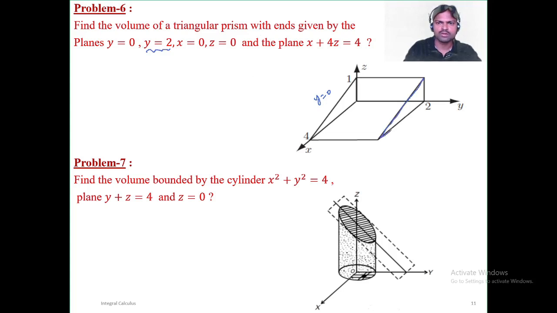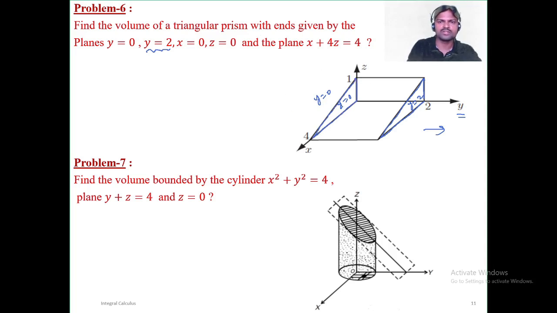Since this is the y axis, passing through the point 2, therefore this is y is equal to 2. So y varies in this direction, starting from 0, so this is y equals 0, because we are taking the intersection portion. Actually this entire plane is y equals 0, but we are considering the intersection one.